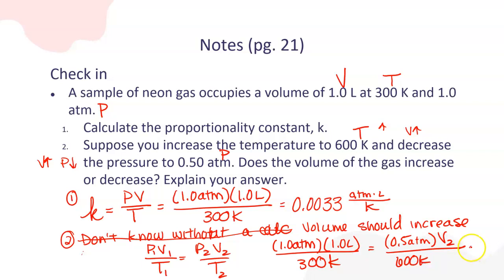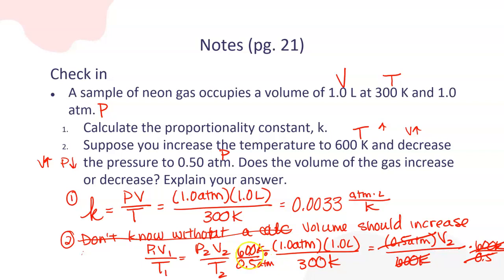And now I'm running out of room, but first I'm going to multiply both sides by 600 Kelvin. And then I'll divide both sides by 0.5 atmosphere, so that these cancel, and these cancel.